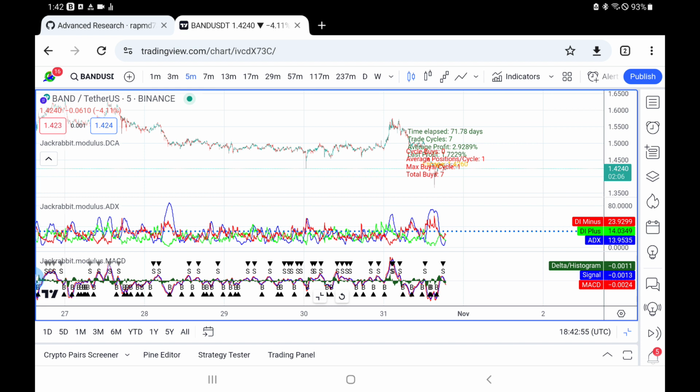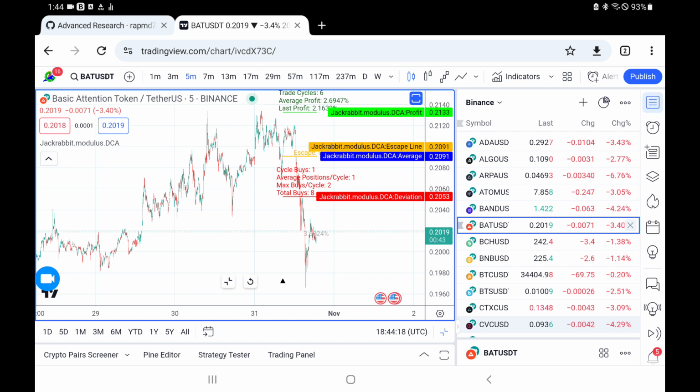And if we do go into a bull market, the way many experts are predicting, then this strategy will profit nicely, but it is still defensive enough that it will protect you. So let's see if we can go find a few of the more difficult coins to deal with. BAT has always been a difficult coin to deal with because of its unpredictability.